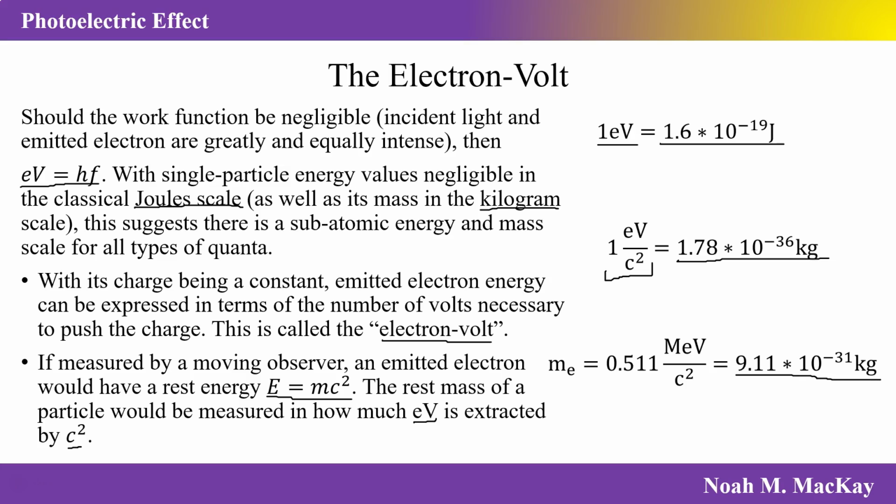Put in terms of eV over c squared, it is practically 0.5 million eV over c squared. And 0.5 million is greater in magnitude than 9.11 times 10 to the minus 31. So the electron volt over c squared scale gives this mirage that particle energies and masses are more massive than they are on the joule scale or the kilogram scale.